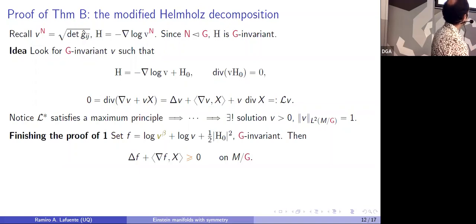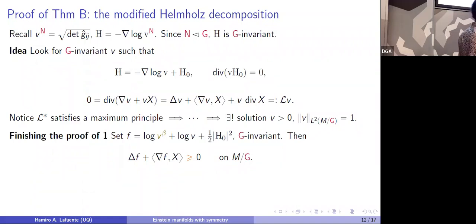And this F satisfies a really nice differential inequality. And then you are done because you can apply the maximum principle on the compact manifold M mod G. The important thing is that this inequality came from using the Einstein equation. And for instance, in the process, we threw away the norm of A squared, right?